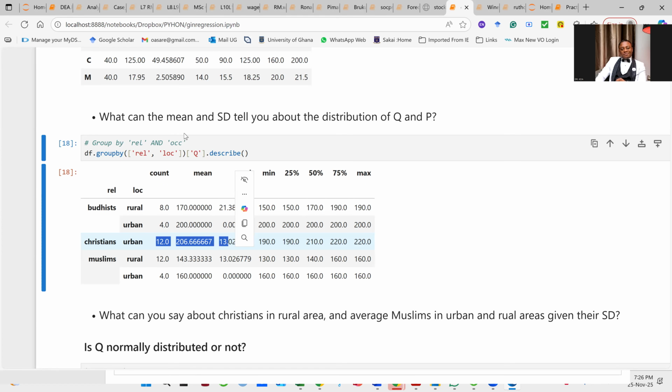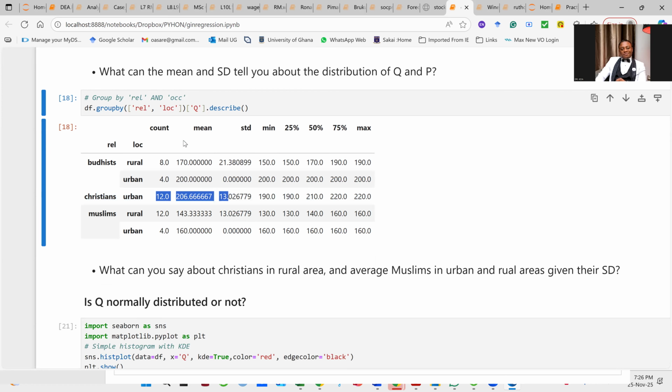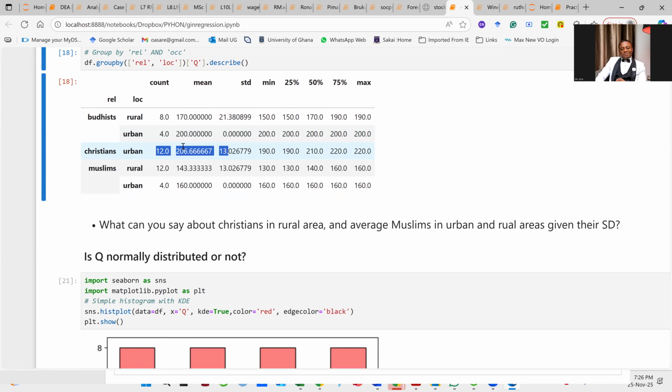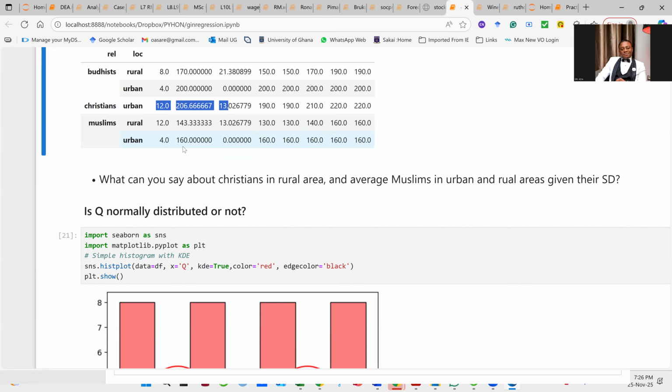That's it. We also looked at normality. We indicated that you have to use the Shapiro-Wilk test. But one thing you can do with Python is check whether each variable is normally distributed. We're going to check only Q. You can do the rest later.